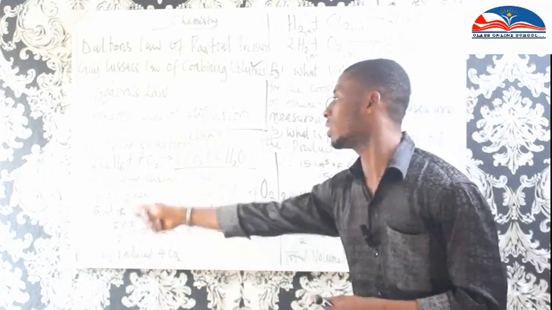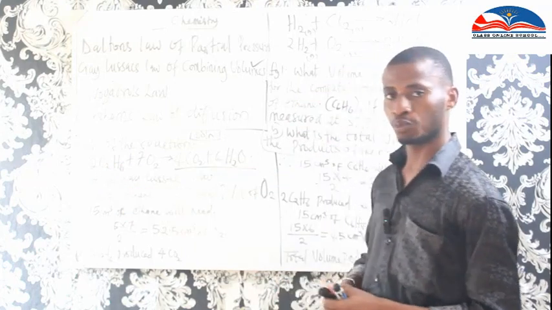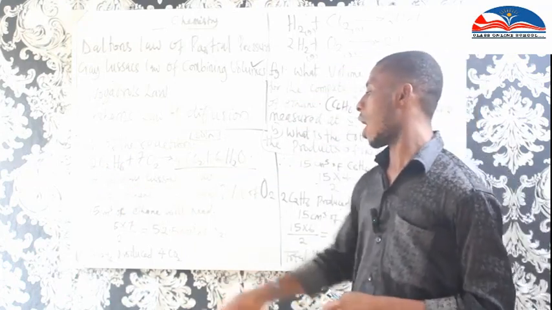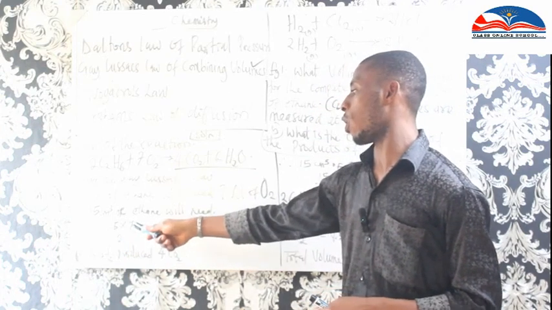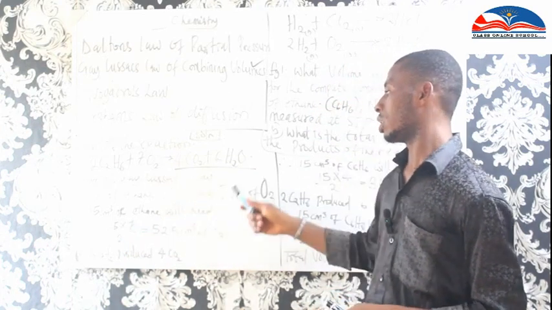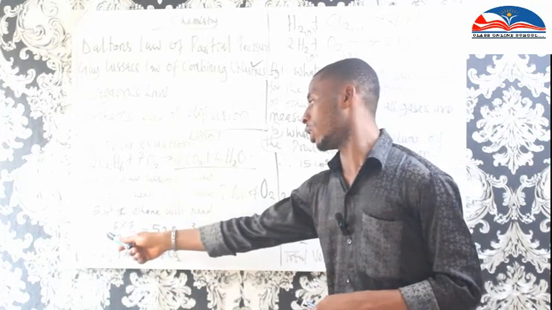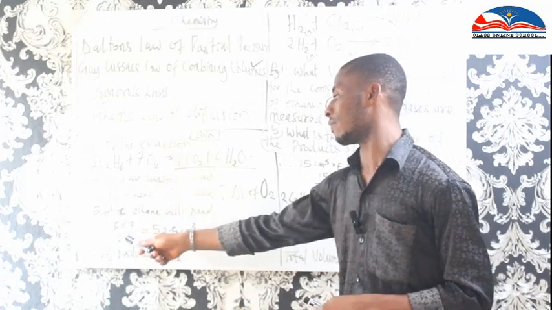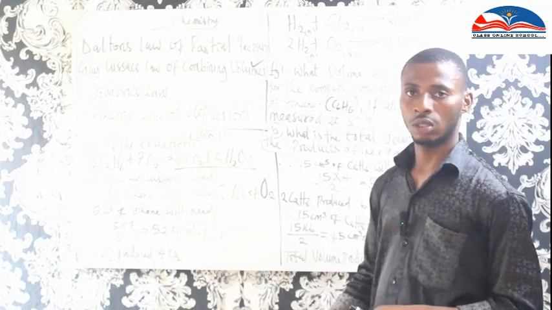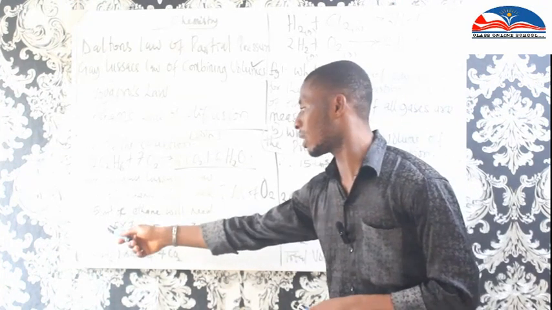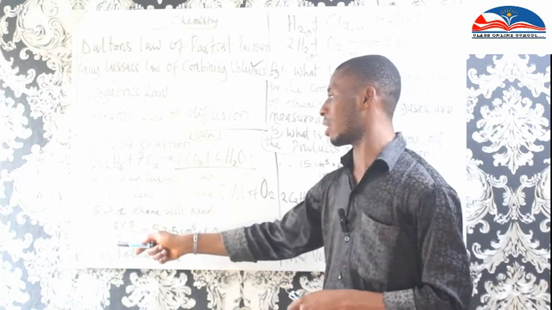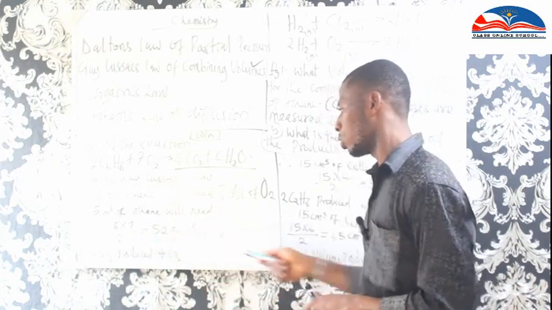It will need 15 times 7 divided by 2. How do I mean? If 2 react with 7 to produce this, therefore 15 will be reacting with 7 divided by 2. Hope you are following. 15 will be reacting with 7 divided by 2 to give us the answer.